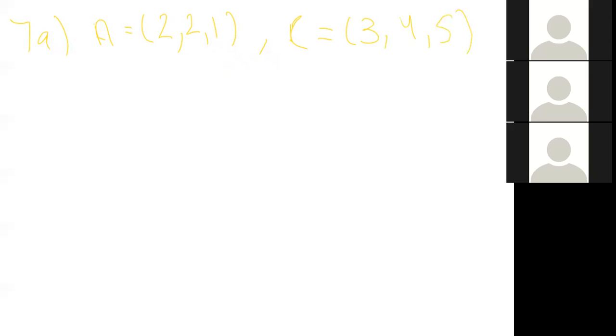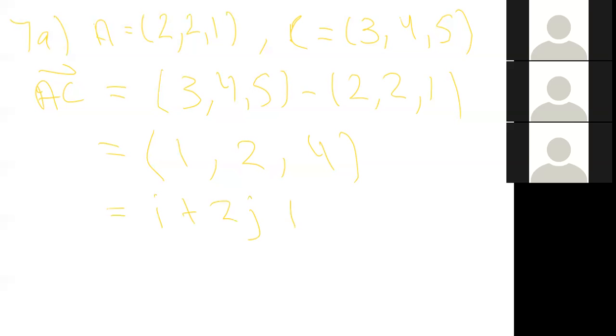So we need to find the directional vector, but we can do that by finding the vector AC by taking point C, subtracting point A, like we did in question 1. Just subtract the components, so 3 minus 2 will be 1, 4 minus 2 will be 2, 5 minus 1 will be 4. So that's our directional vector, which we can write in the form i plus 2j plus 4k.